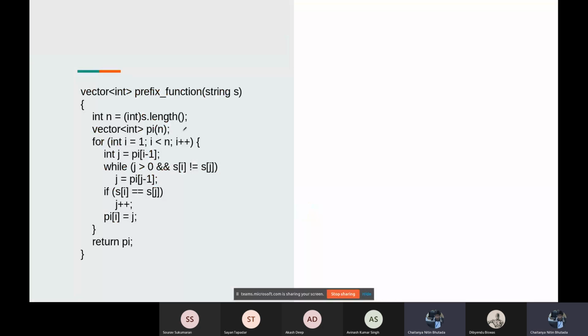So we initialize pi 0 is equal to 0. Then, as I said, if the example was a x a, suppose it was x. So here the pi value is 2.